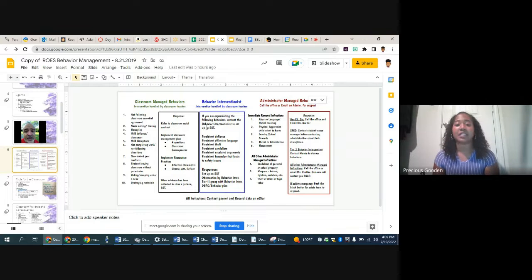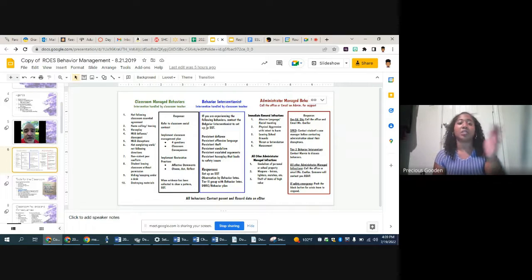Theft, vandalism, escalated arguments that escalate further than just, you shut up or you leave me alone. Anything that's escalated past that point that's disruptive in the classroom, we definitely would like the behavior interventionists to step in and assist in de-escalating that situation. Horseplay that leads to safety issues.